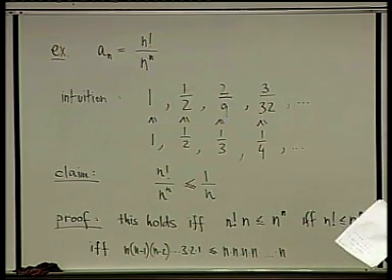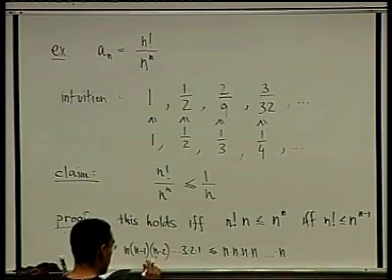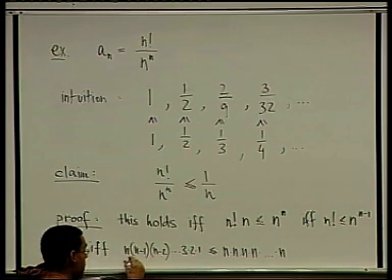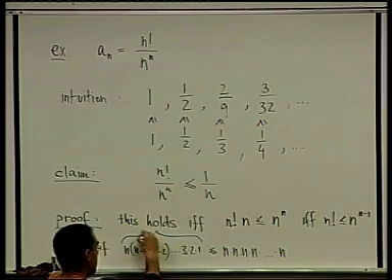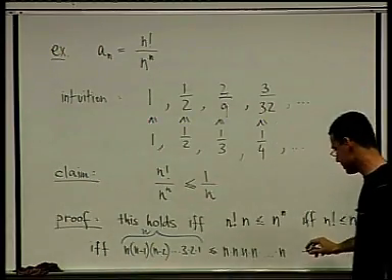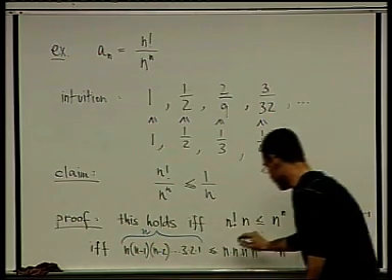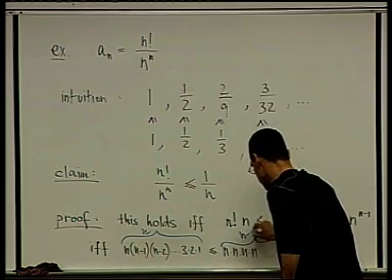Right? And how many elements do we have here? Well, how many elements do we have on the left side? n of them. So there are n folks here. And how many elements do we have on the right side? No, not n, n minus 1. So there are n minus 1 here.